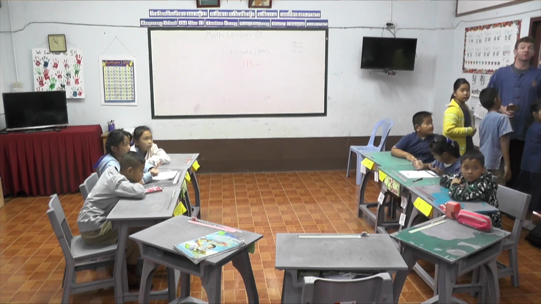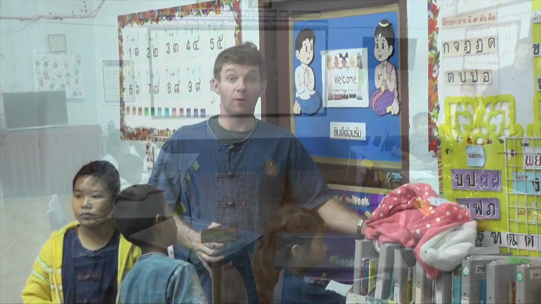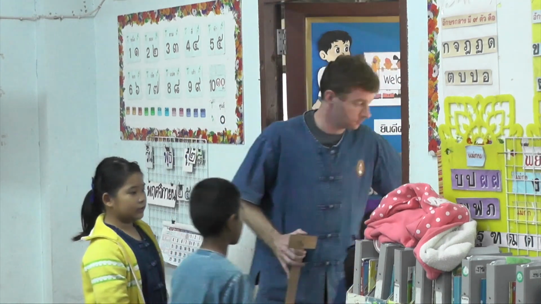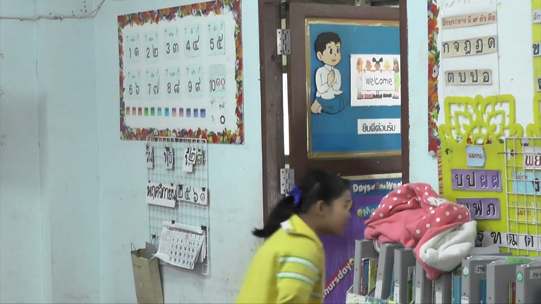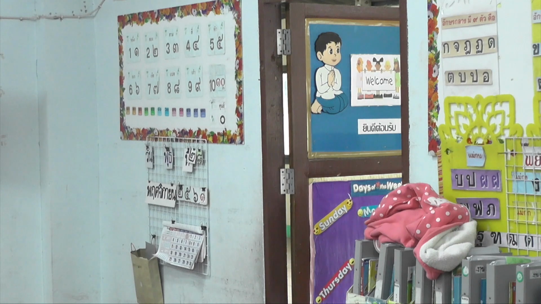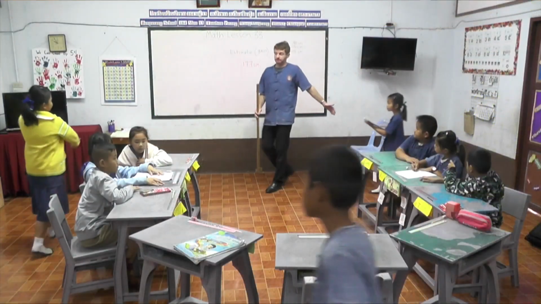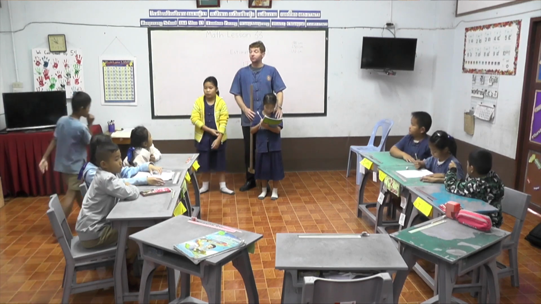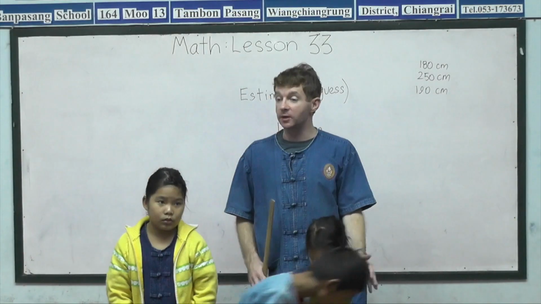We are now going to check the width of the window outside. Because we don't have one in the classroom, we'll just take 2 minutes to check the width of the window outside. So here we go, guys. Which window shall we use? Shall we use this one? So guys, we've just been outside to measure the width of the window.